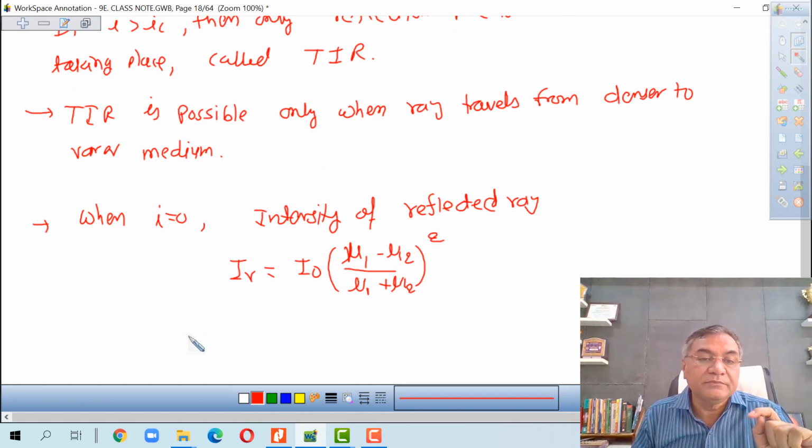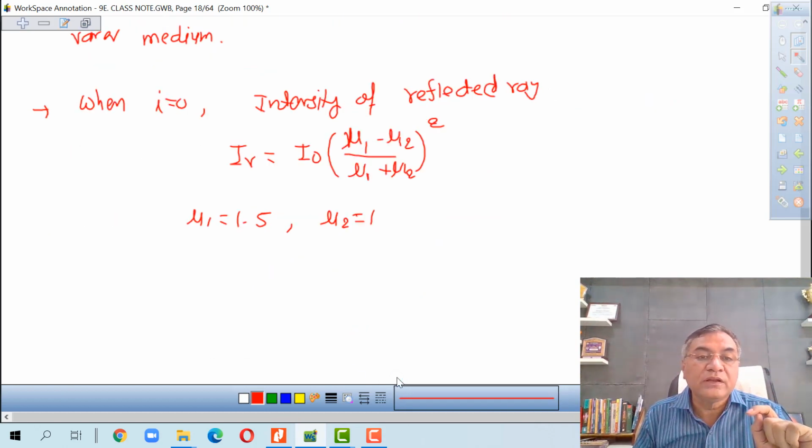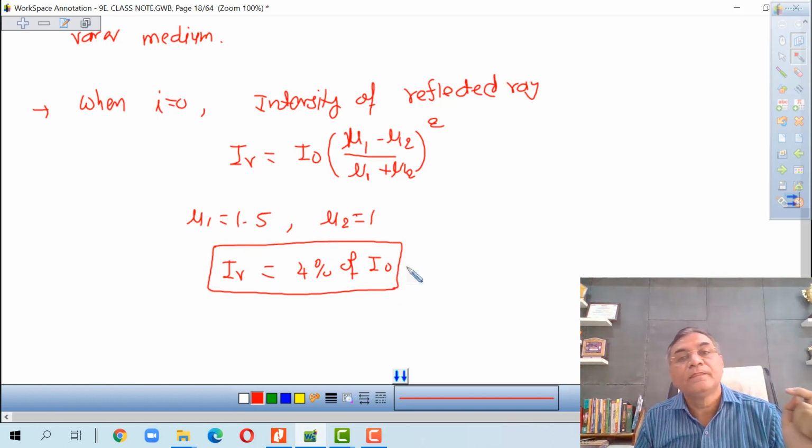Suppose I say mu 1 is equal to 1.5, mu 2 is equal to 1, then you will get IR is equal to 4% of I0. You can do calculation, percentage. Okay.